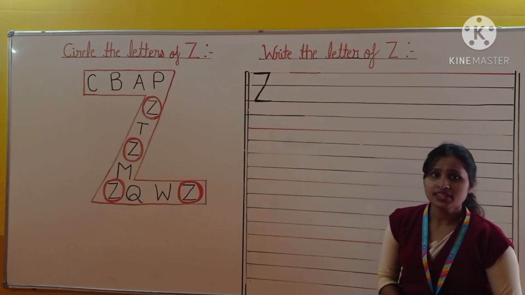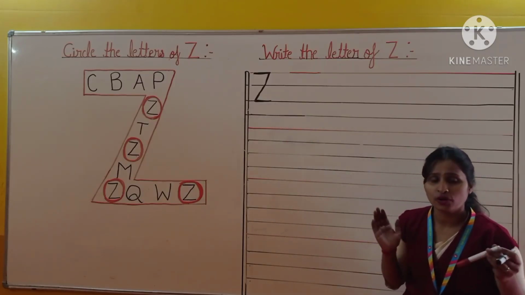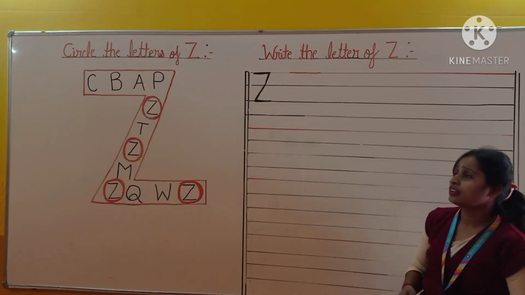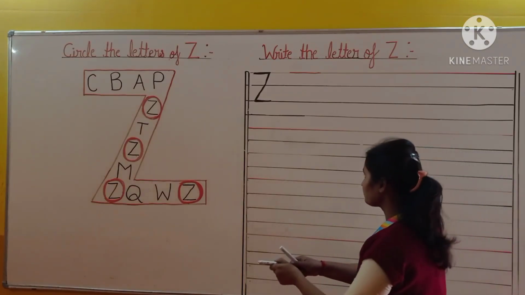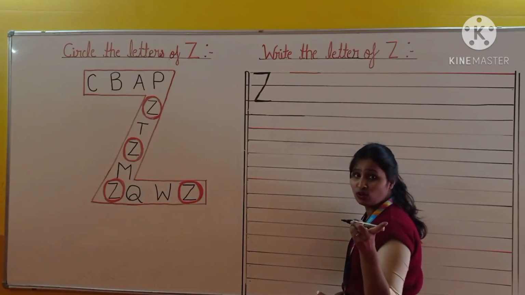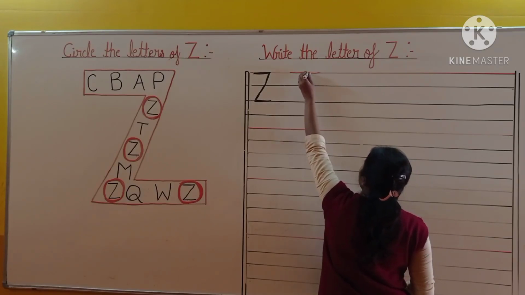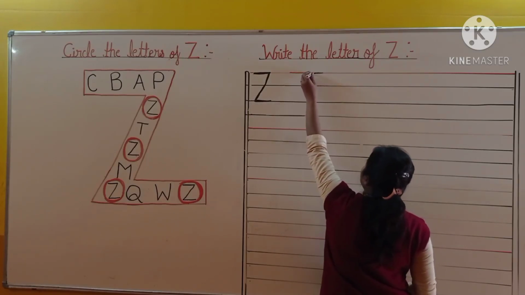Okay. This is a letter of J. J for zebra. Okay. Repeat again. Start from the dot, draw a sleeping line.